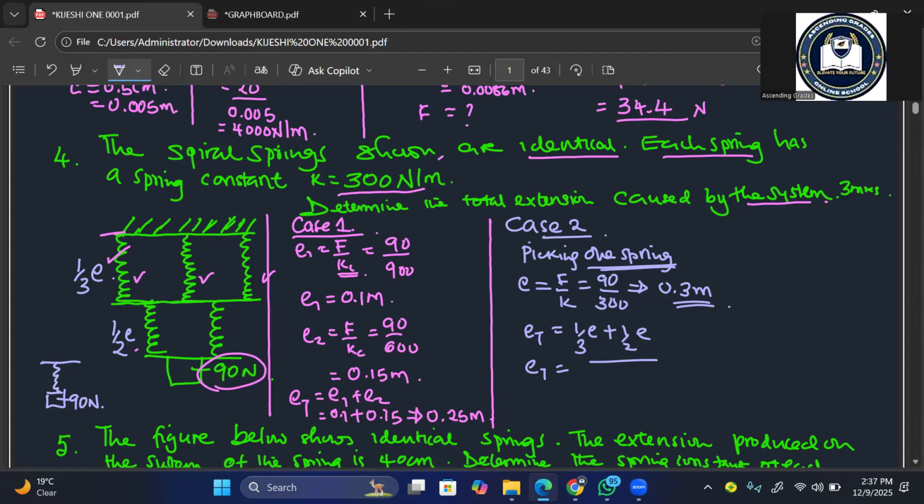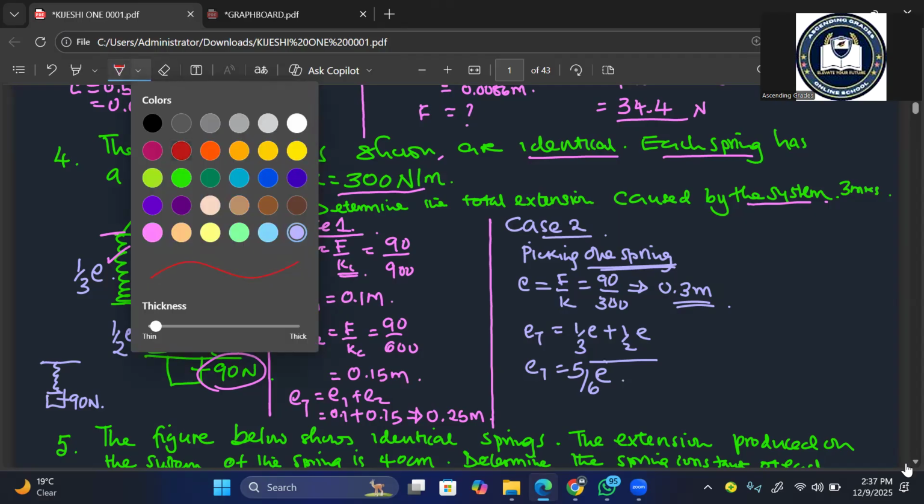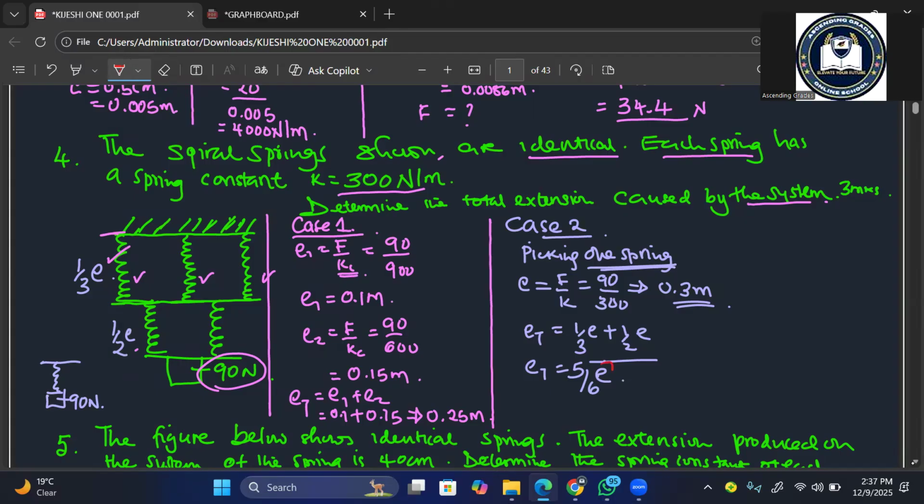So this one is going to give us 5 out of 6 E. But we have our E is 0.3 meters. So E total will be the same as 5 out of 6 times 0.3.